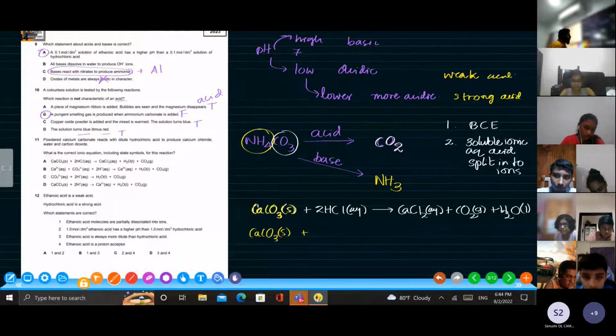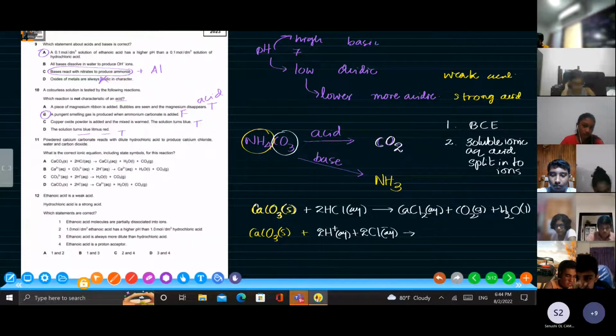Yes. Why? It's an aqueous acid. How many H plus ions are there? 2 H plus ions. How many chloride ions are there? 2 chloride ions. Correct, I made a mistake. You understood the reactant side?